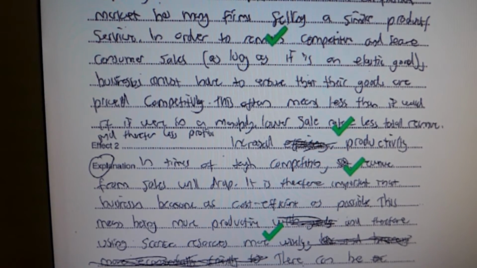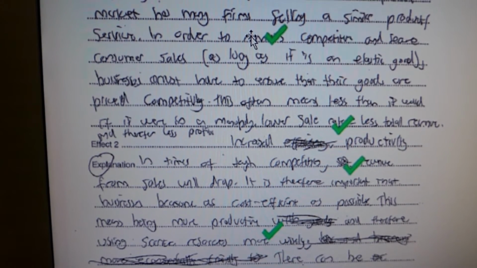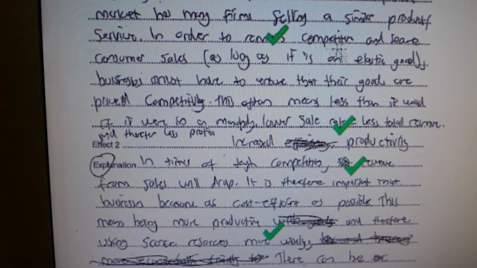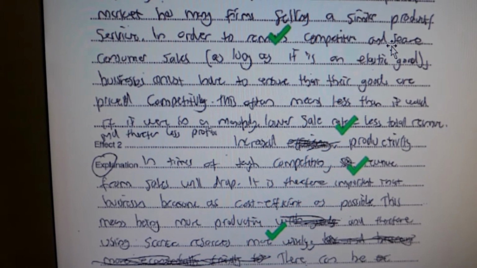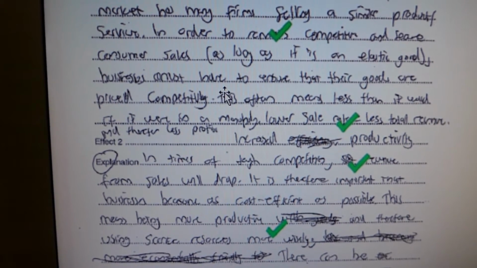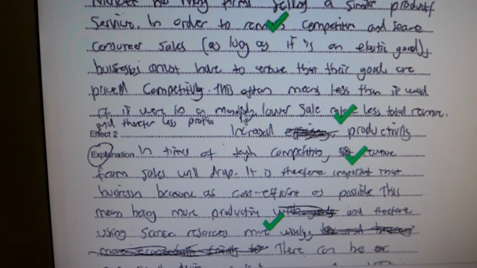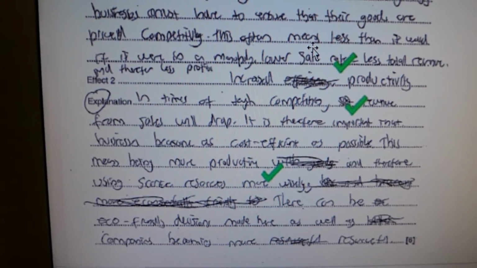A competitive market has many firms selling a single product or service. In order to remove competition possibly, and boost sales, businesses must ensure that the goods are priced competitively.